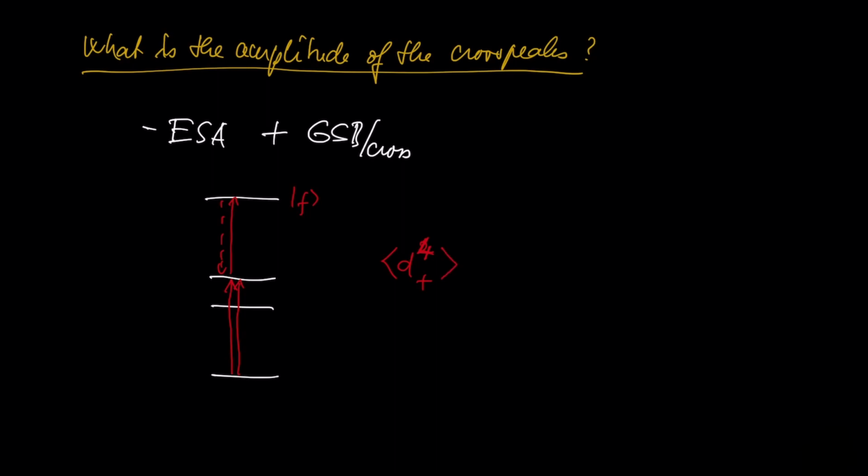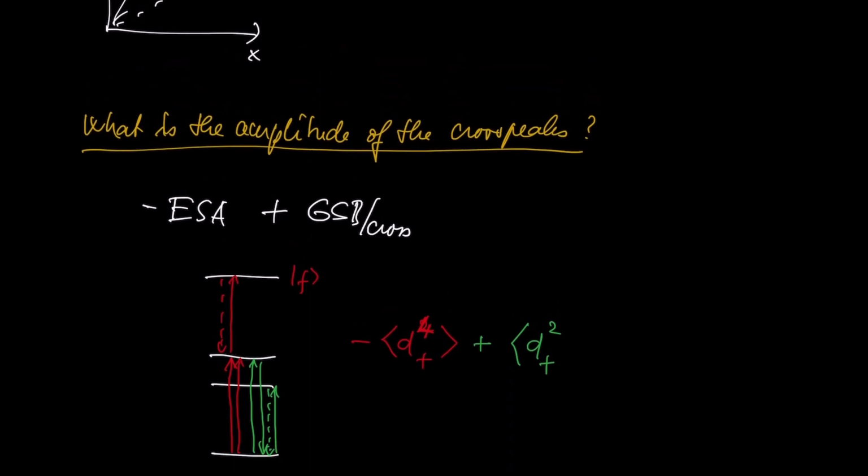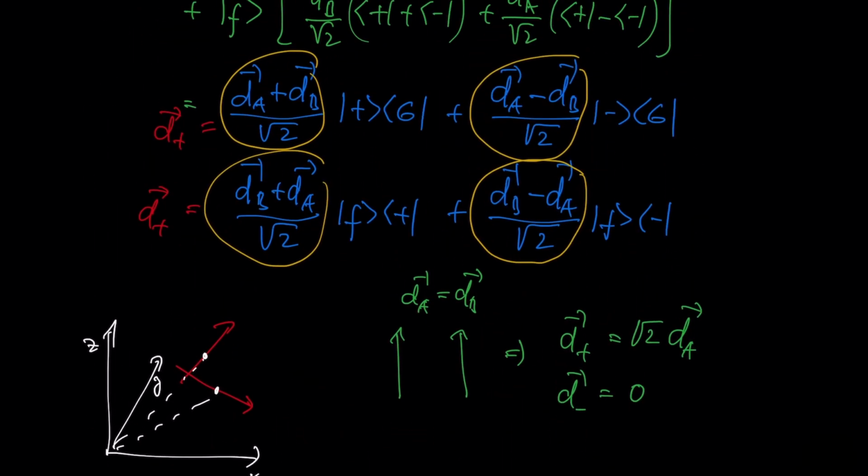And now the second element or second pathway that contributes to exactly the same place is the ground state bleach. Ground state bleach is this process. We excite the plus, we de-excite back to the ground state, and then we excite again to the other state, to the minus, and that state emits for us. So we have two transitions going to d plus squared, and then the other transition is in general different.